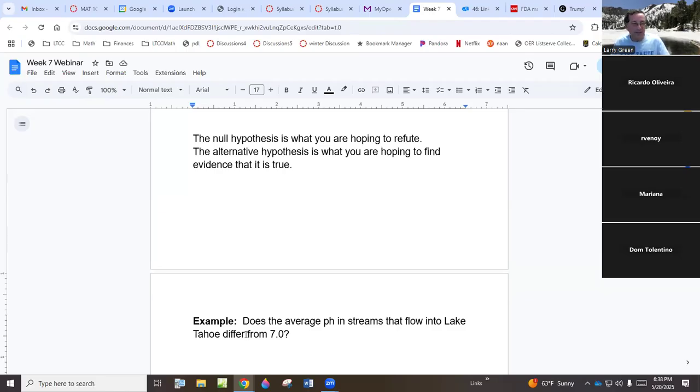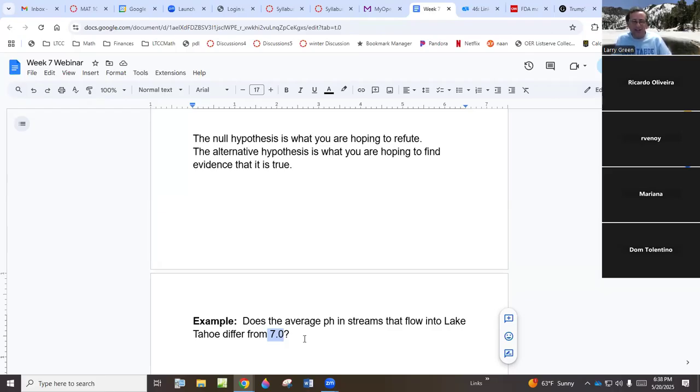It's in May. And the question is, does the average pH in streams that flow into Lake Tahoe differ from 7.0? I'm not sure if you've had chemistry, but the standard pH of water is 7. I'm not going to get into all the chemistry, but you might have heard of pH, hopefully.